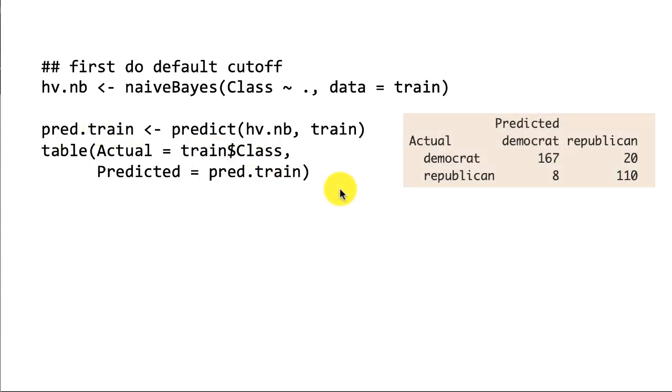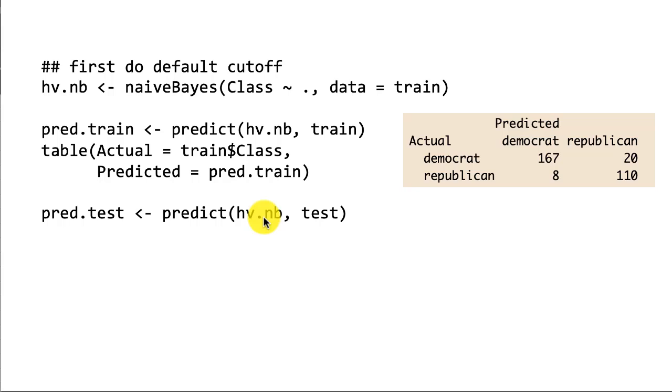So we generate the error matrix, and it comes out like this. Clearly, at least on the training partition, the model does a fantastic job of prediction based on the attributes. It's able to predict Democrats quite well and Republicans extraordinarily well.